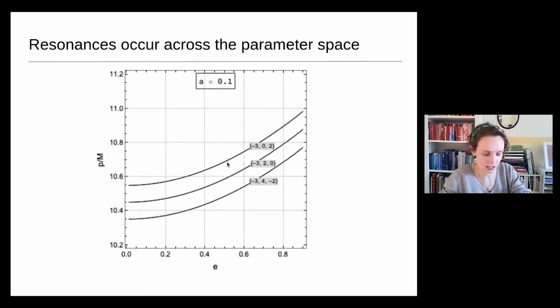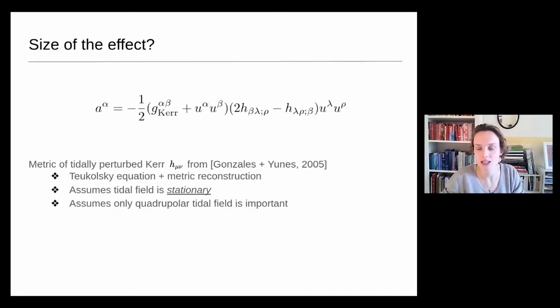Now, of course, the next key question is, what's the size of the effect? And the way to calculate that is essentially to think of the tidal force as accelerating your inspiral. And the way to calculate that is to look at the metric of a tidally perturbed Kerr, which is this h, which goes in here, and take the appropriate covariant derivatives with respect to the Kerr metric and do the right projections, and so on.